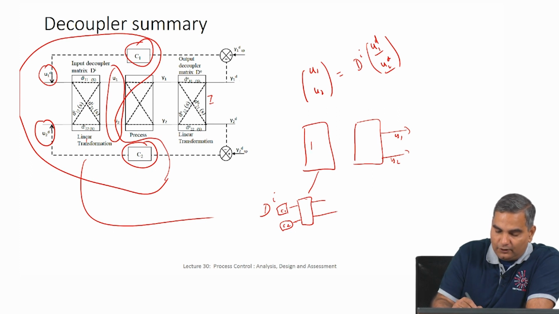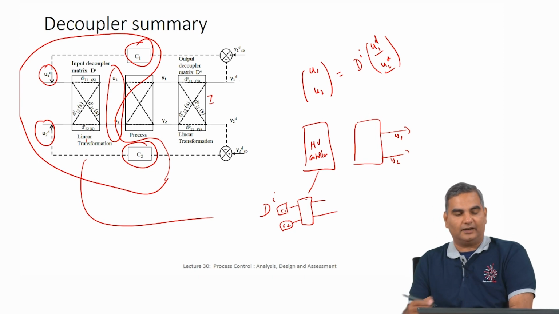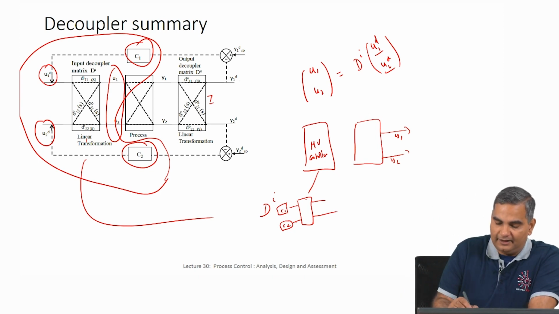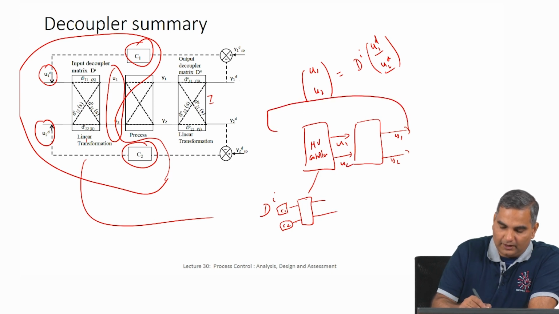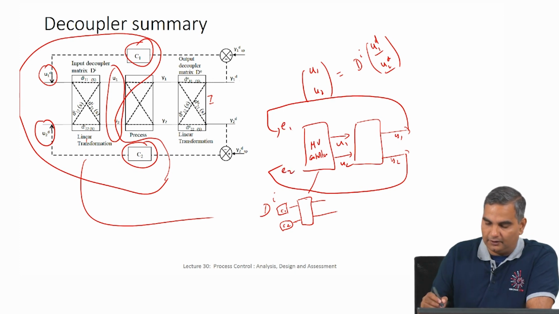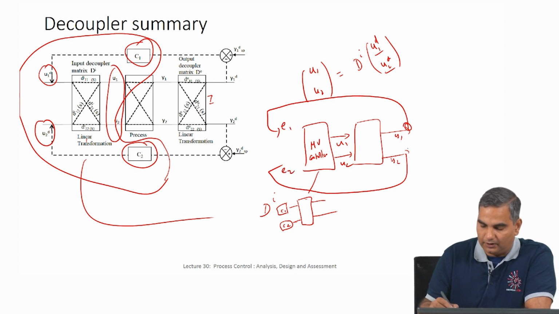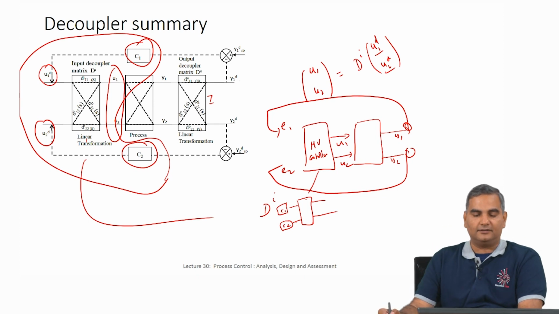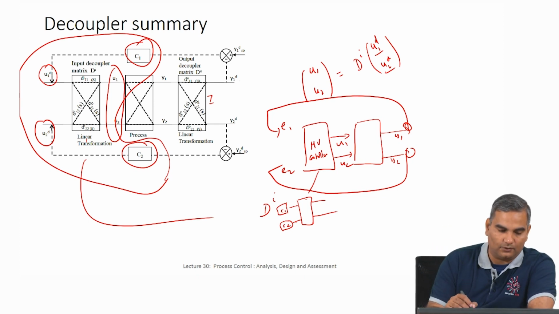So, this is really your multivariable controller, which has two single input single output controllers and a decoupler, and then this really gives you U1 and U2, and from here, by comparison with the set point, you get the two errors E1 and E2. So, there is a comparative block here which gives you the errors, and that comes into this multivariable controller.